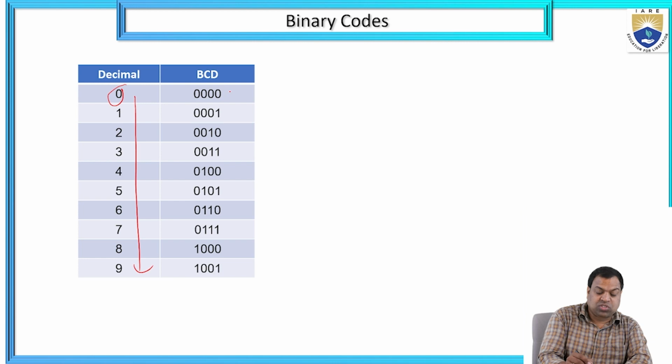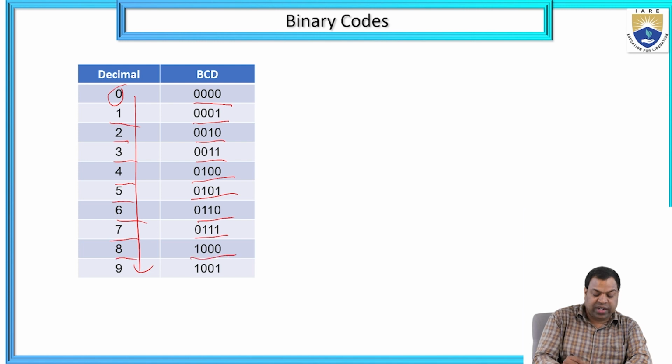Example, decimal number 0: what is the BCD value? 0000. 1 is 0001, 2 is 0010, 3 is 0011, 4 is 0100, 5 is 0101, 6 is 0110, 7 is 0111, 8 is 1000, 9 is 1001.